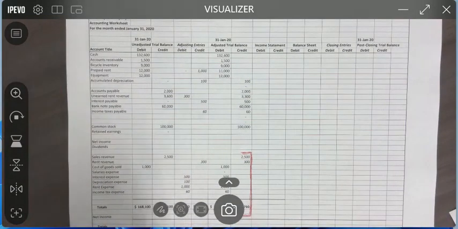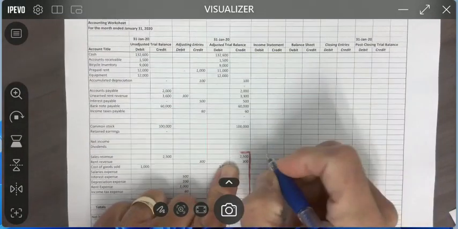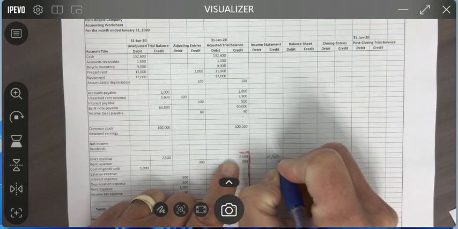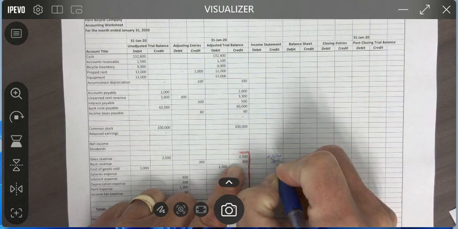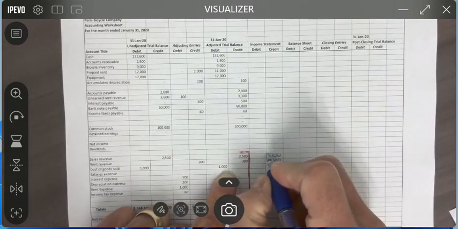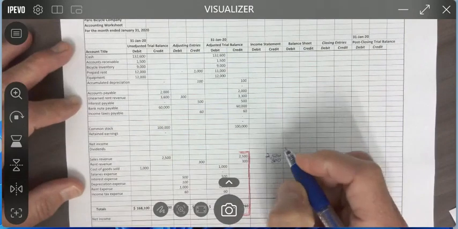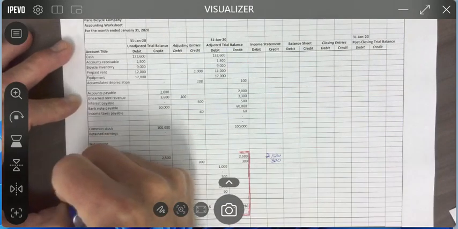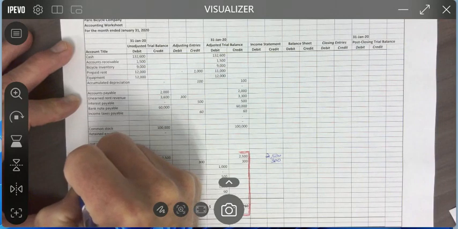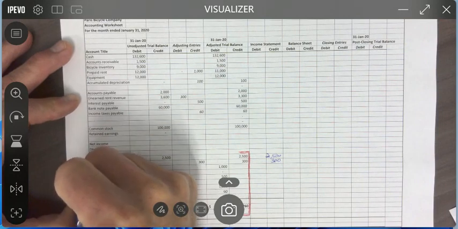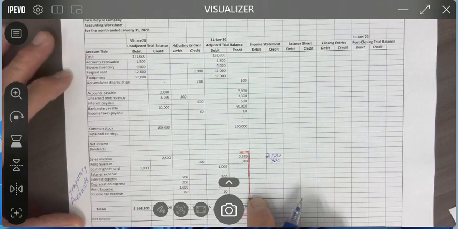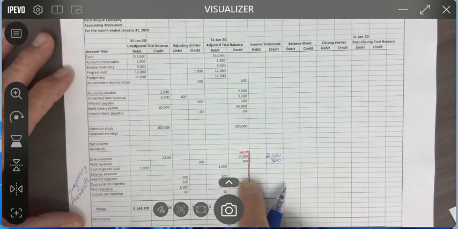Our credit to sales revenue on the income statement is going to be $2,500. Our credit to rent revenue will be $300, and that will be the two revenues. So again, these are the temporary accounts, and we're summarizing them for the income statement.